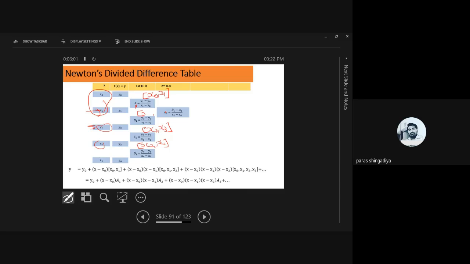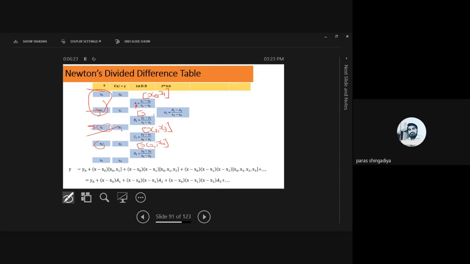Why x2 minus x0? Because a1 and b1 are bound by the boundary of x, which is x0 to x2.